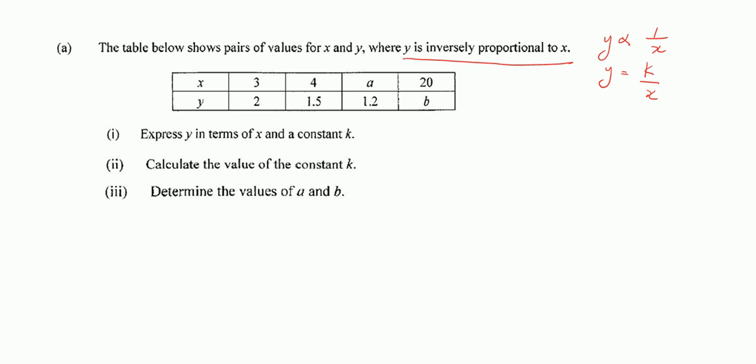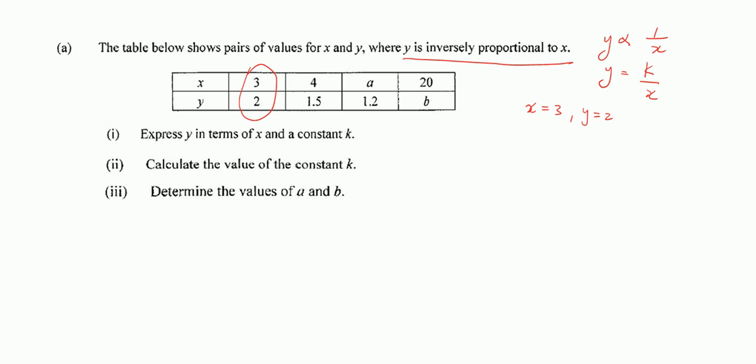Now we need to calculate the value of k. All we need to do is choose a pair of values. I'm going to choose the easy one: x is equal to 3 and y is equal to 2. Sorry, I just said 1.